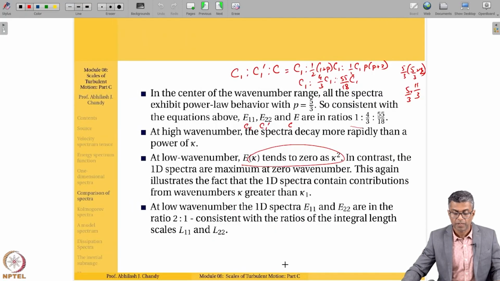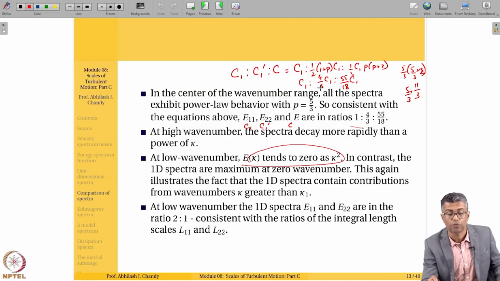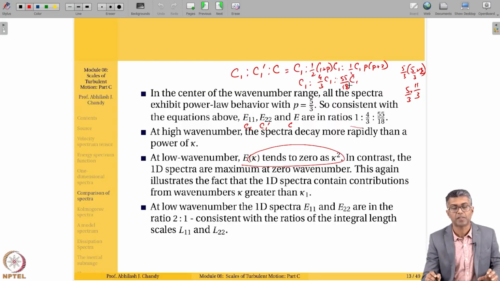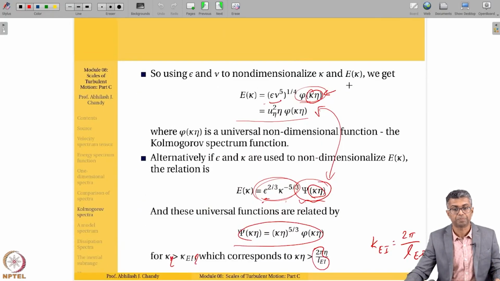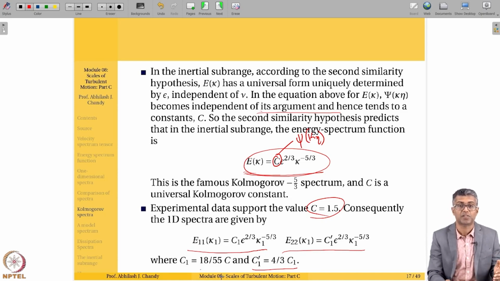If you remember, C1 is to C1 dash is to C, is C1 is to 4/3 C1 is to 55 over 18 C1, which means that is how I'm getting the 18 over 55 and the 4 over 3. So here C1 dash is equal to 4/3 C1 and C1 itself is equal to 18 over 55 C, because earlier I had derived that C is 55 over 18 C1, isn't it?